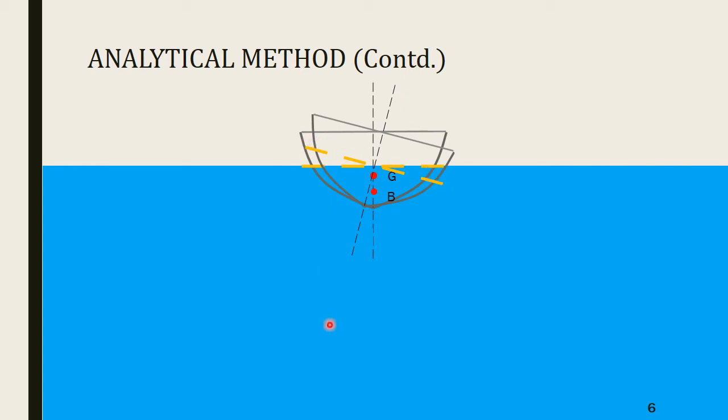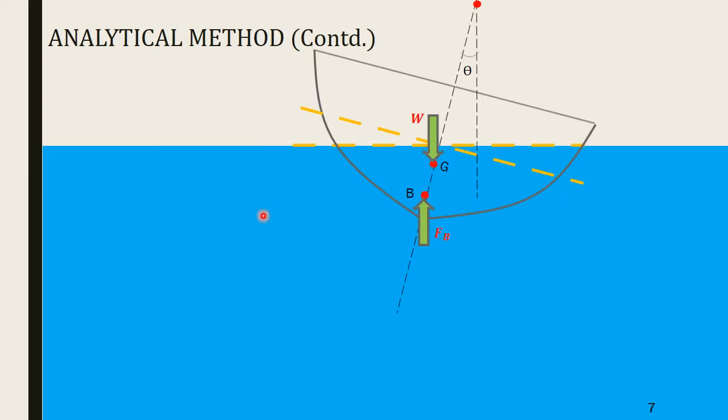Center of gravity remains the same, but the position of center of buoyancy is going to change because the volume of the submerged portion of the body has changed, and so the point of center of buoyancy would also change, because center of buoyancy is the center of the submerged portion, and since the submerged portion itself has changed, its center will automatically change. So here this was initially the weight and the buoyant force acting at G and B.